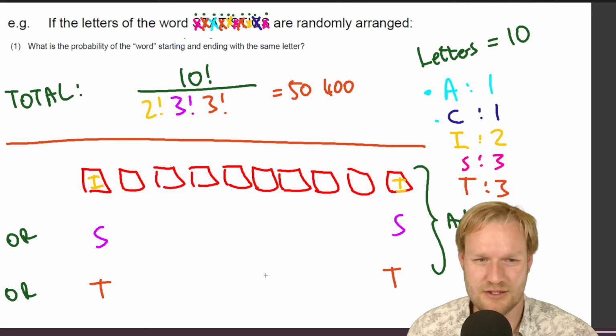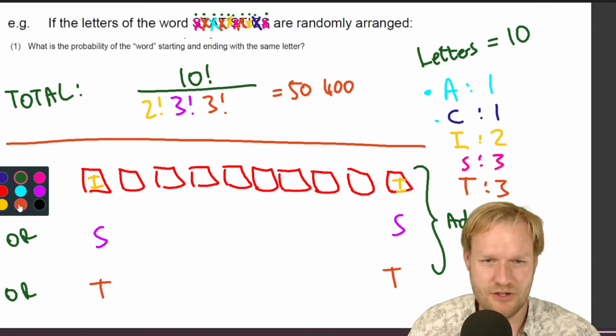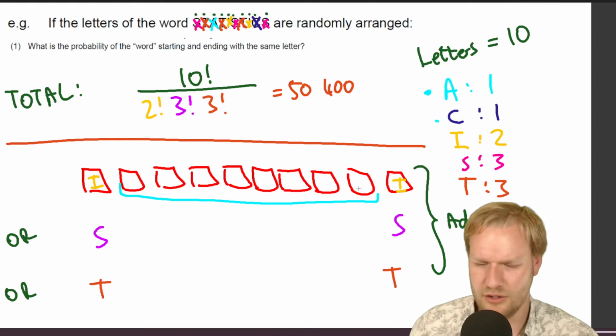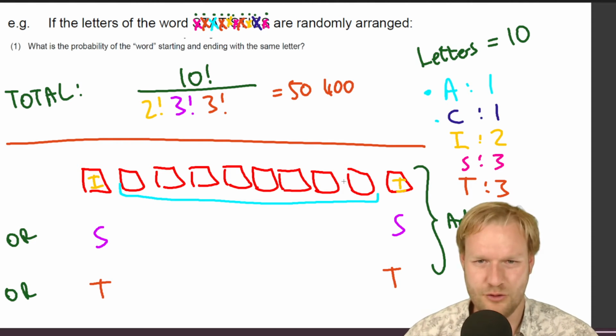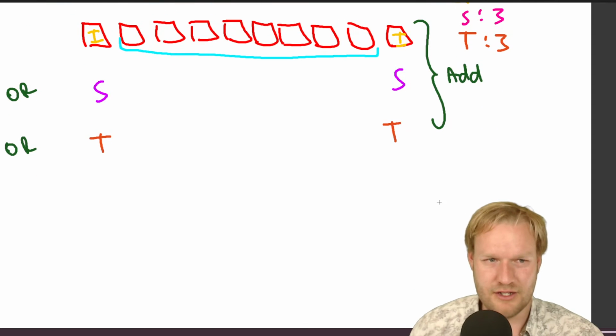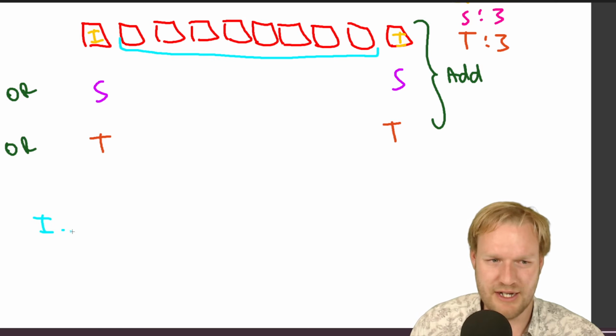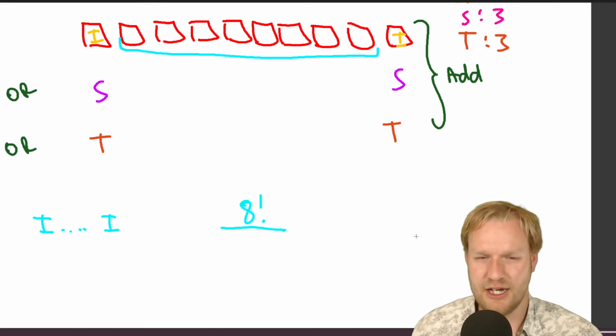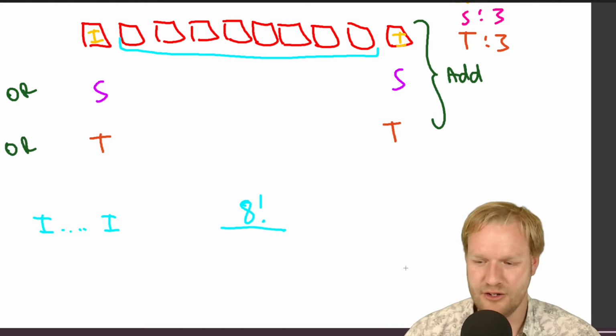We know we're going to get these 3 things and add them together to see the total number of ways. If we've started and ended with I, let's look at what's happening in the middle. How many blocks do we have to fill in the middle? Well, there are 8. For our first option, I at both ends, those 8 in the middle need to be filled, and now we need to factor in the repeated options.